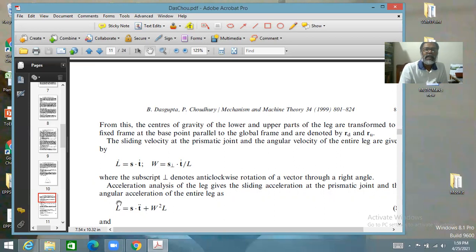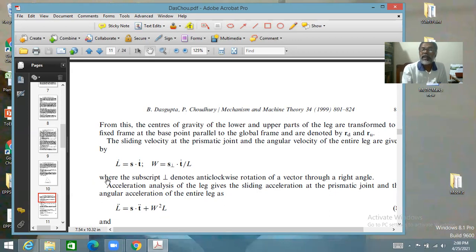Similarly, the acceleration of the point P is T double dot, and we can get L double dot by taking its component along the leg and adding omega square L. Because what happens is the acceleration of the point in that axial direction actually is L double dot minus omega square L. So if we bring the omega square L on this side, then we actually evaluate L double dot in terms of these.